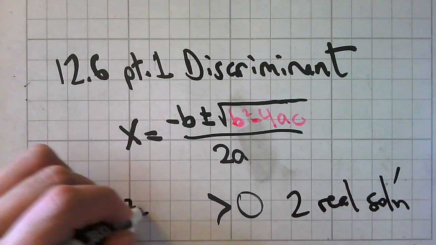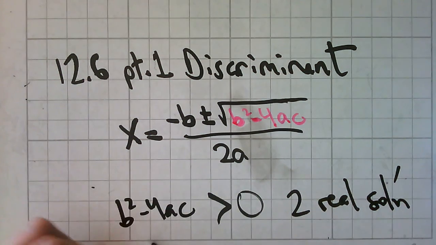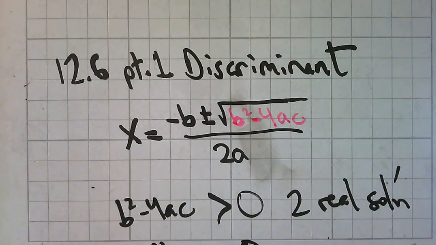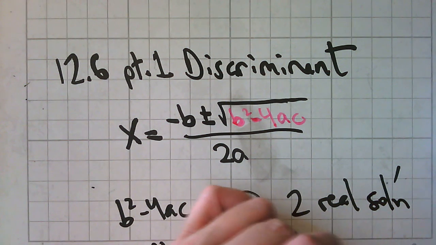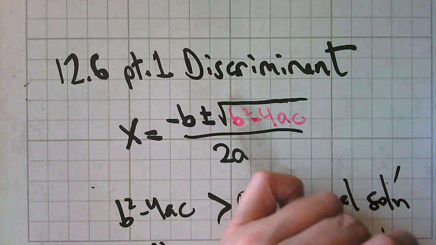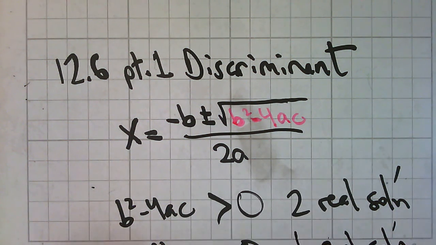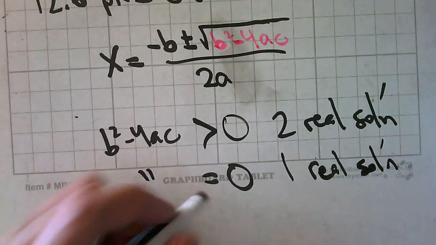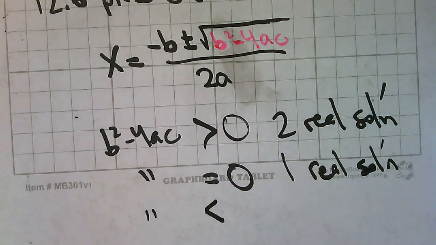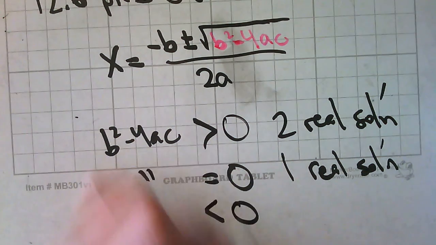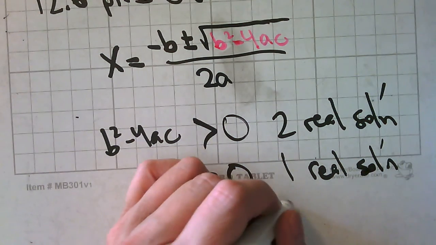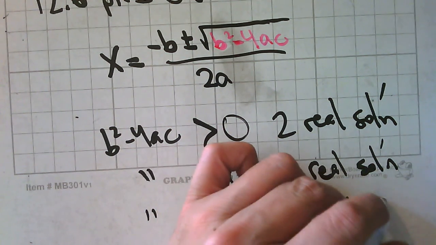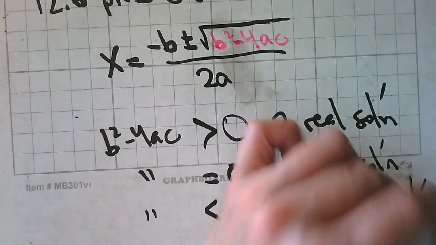So b squared minus 4ac, if that part is equal to 0, you're going to have 1 real solution. And if b squared minus 4ac is less than 0, so if it's a negative number, you're going to have 2 imaginary solutions.